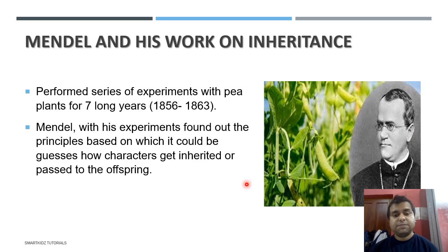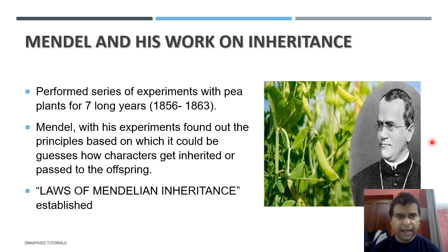In his experiments, he found the principles based on which it could be predicted how characters, or you can say traits, get inherited from the parent to the offspring, and thus came about the laws of Mendelian inheritance.